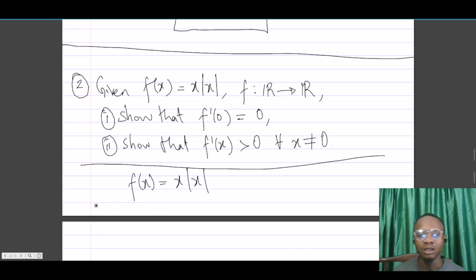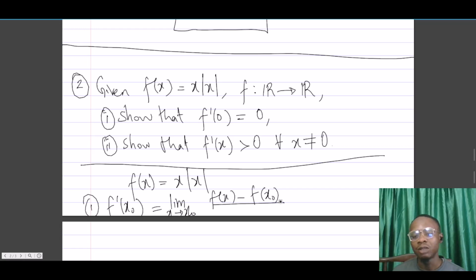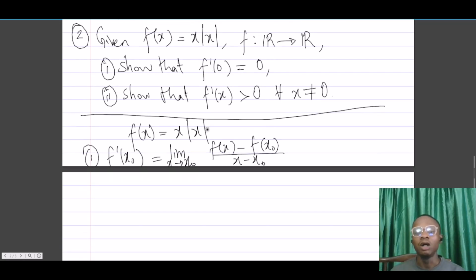For the first case, since it has to do with showing that the derivative at a specific point is equal to 0, we will use the expression for differentiability at a point: f prime at x naught is given by the limit as x approaches x naught of f of x minus f of x naught, divided by x minus x naught, because that works best when we want to establish pointwise differentiability.